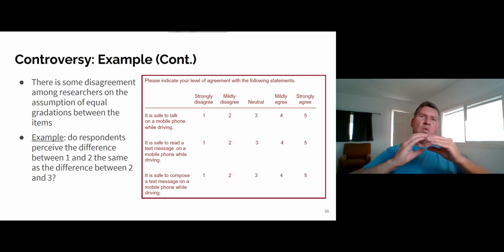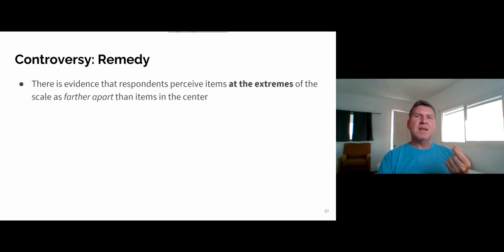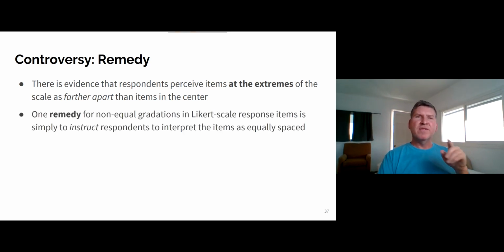You can see as we widen out the Likert scale, the gradation between them gets harder and harder to distinguish. There's evidence that respondents perceive items at the extremes as further apart than items in the center. Their view is kind of like that normal distribution, and they look at things like the 1 and the 5 on that example as outliers almost.